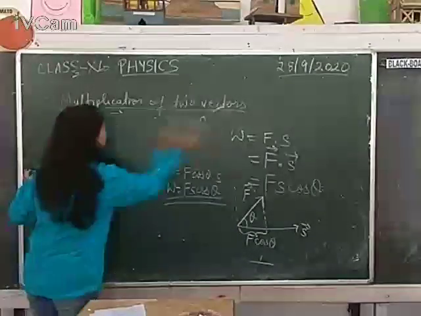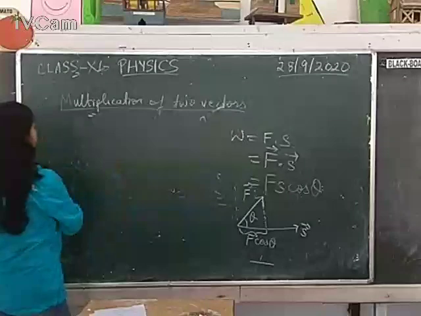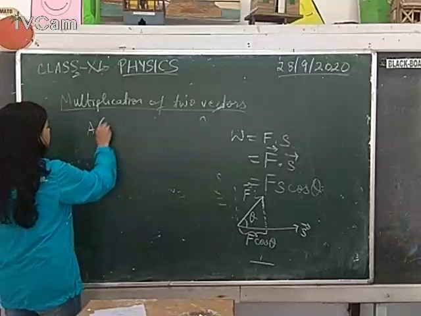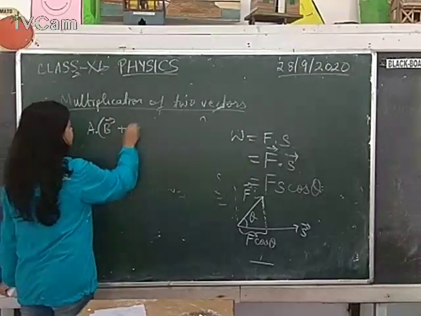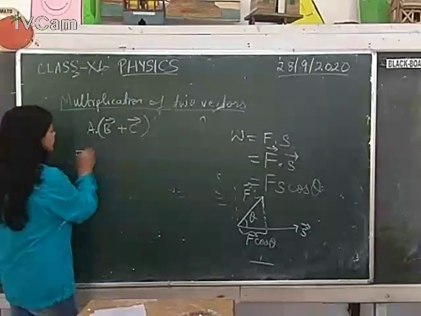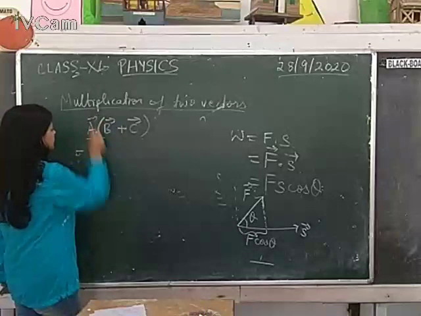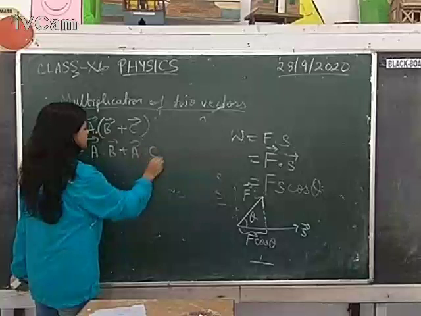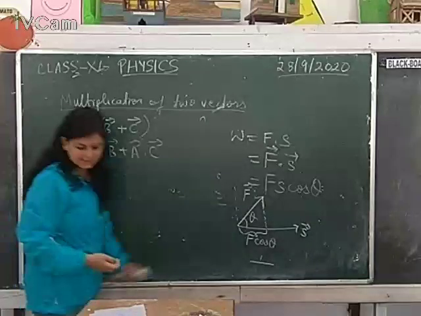Distributive means if you are multiplying A dot (B plus C), then you can simply write it as A dot B plus A dot C. So this is commutative as well as distributive.